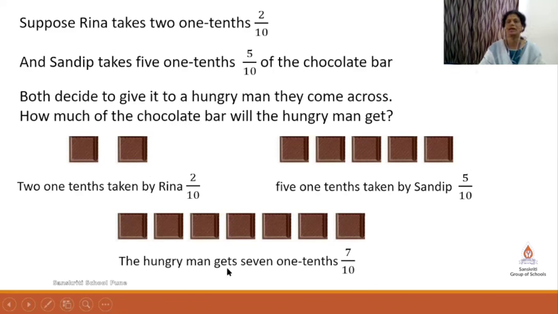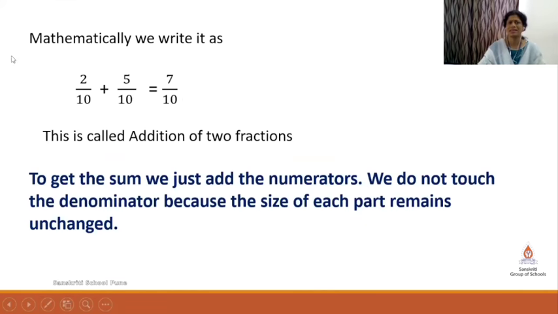So the hungry man gets 7/10. Mathematically, we can write it as 2/10 plus 5/10 is equal to 7/10. This is called addition of 2 fractions.